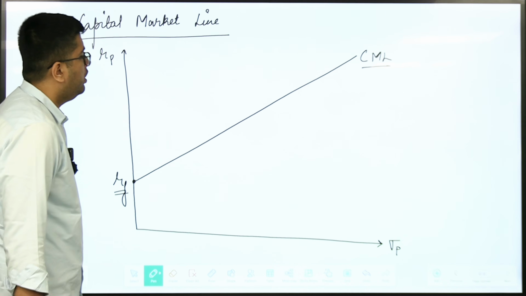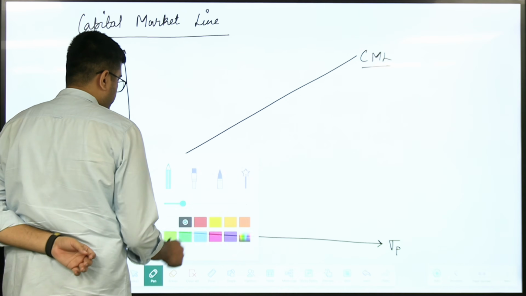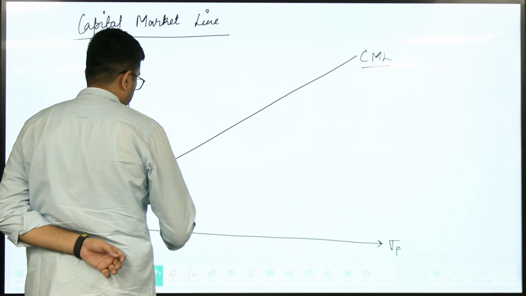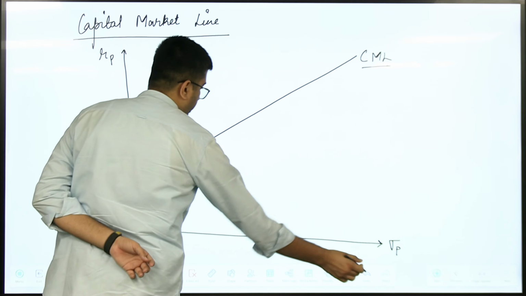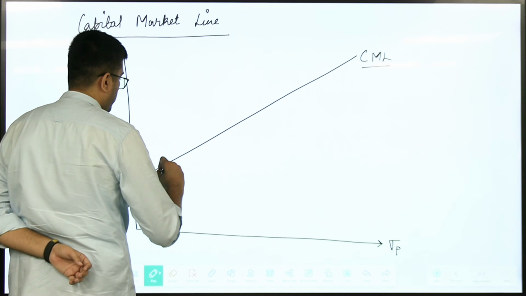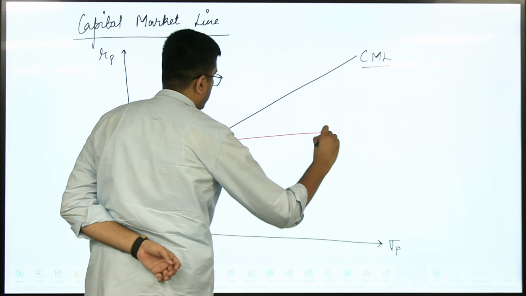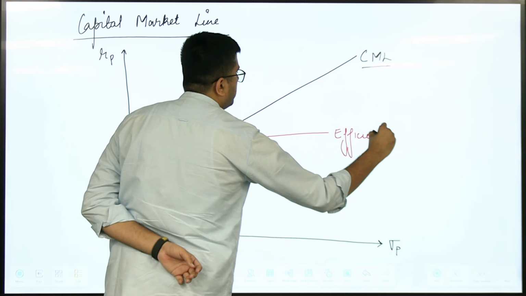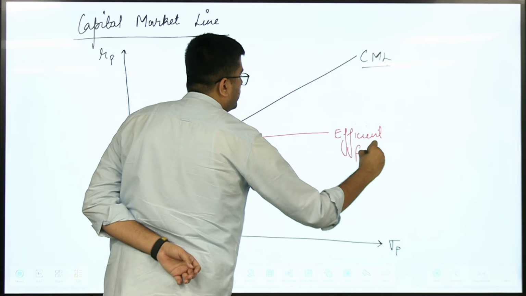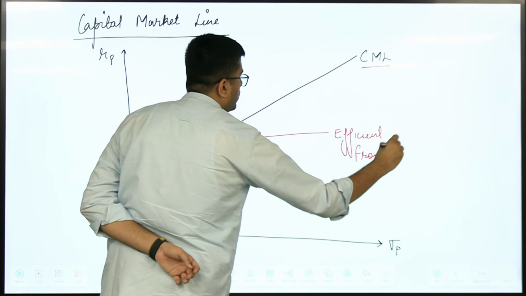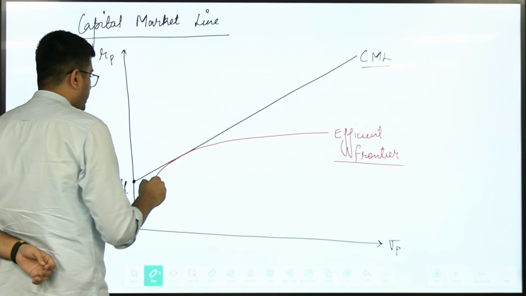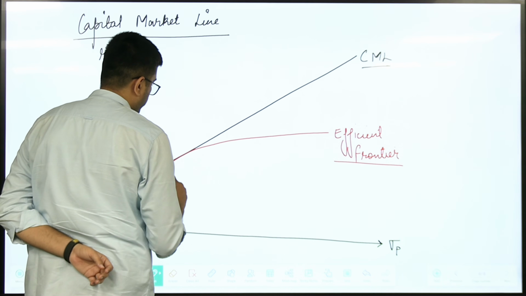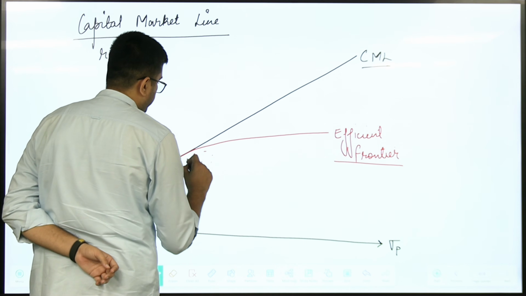Now here also, we have a concept which we use. The concept is called efficient frontier. What is efficient frontier? Basically, if I create a collection of all the different portfolios which are available in the market, right?